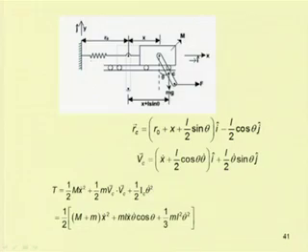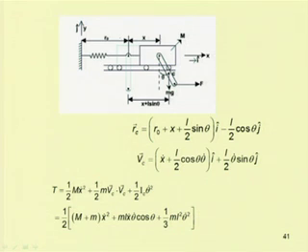Similarly, this is another example, in which one can derive the equation of motion by first writing the position vector. Let us first write the position vector of this point C. In this case this is a cart containing a rod which is oscillating, and one side of the cart is connected to a fixed rigid support by a spring.